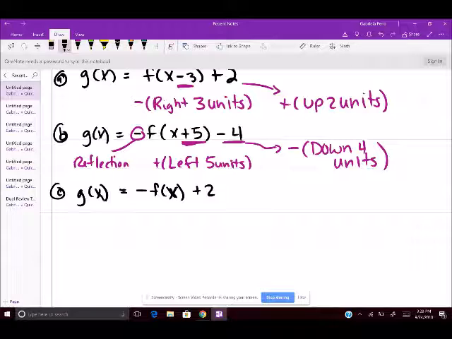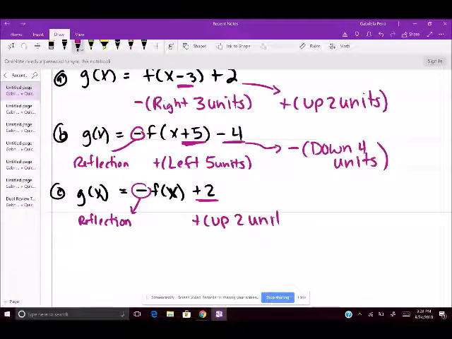So a problem like this, the negative, of course, it's the reflection. There's nothing inside, so there's no left or right. And then this, because it's a positive, it means up 2 units.